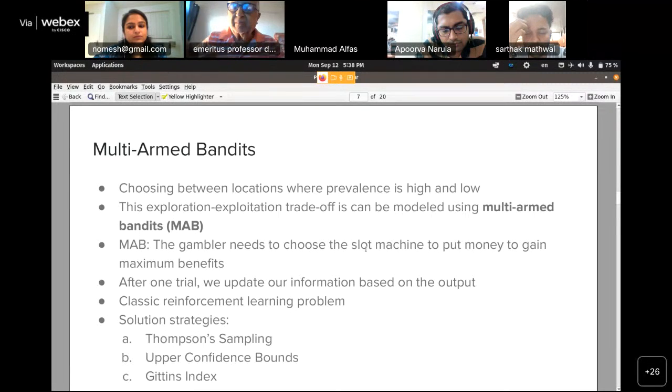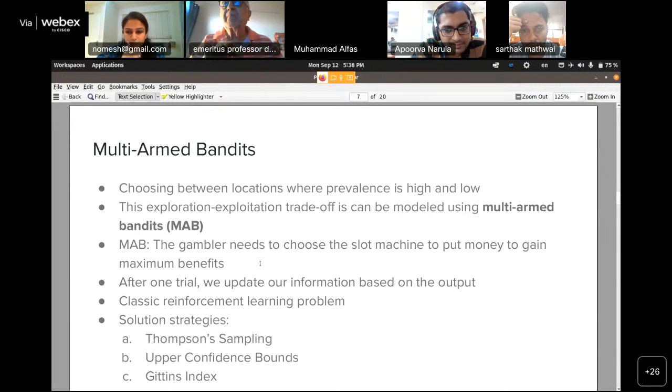In a pure MAB problem, this randomness gives the less explored slot machine a chance. That's how multi-armed bandits are used in the context of testing allocation.